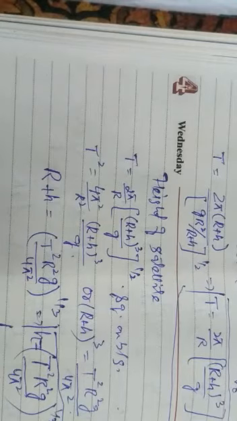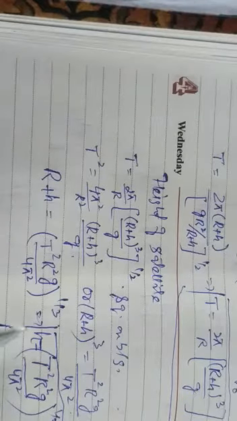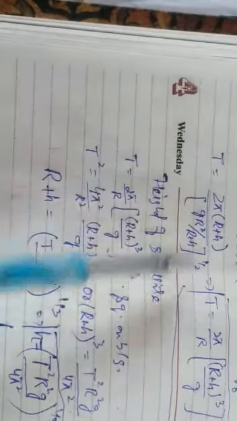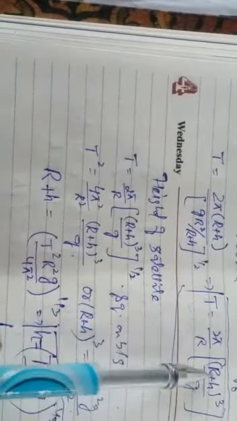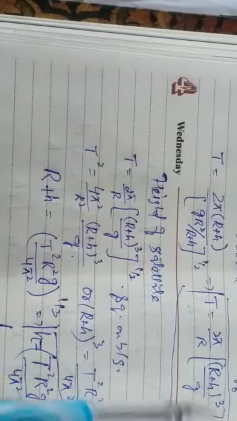So for the height of the satellite, we have to insert the different values for time period, radius of the Earth, and acceleration due to gravity, and we will get the height. So simply, the time period comes out to be 2π times ((R+h)³/g)^(1/2).